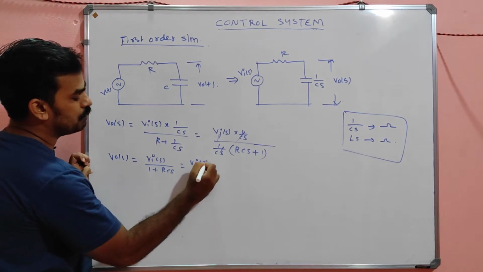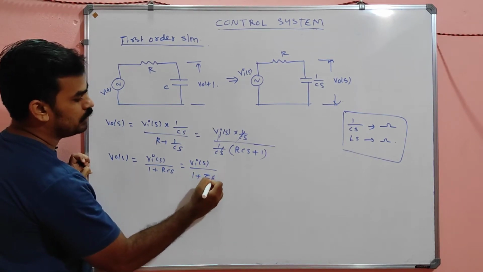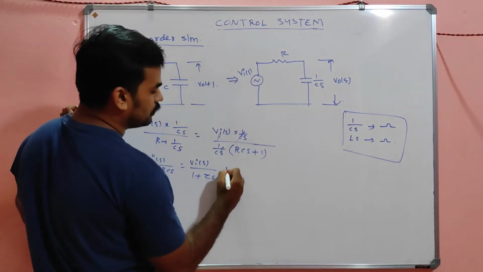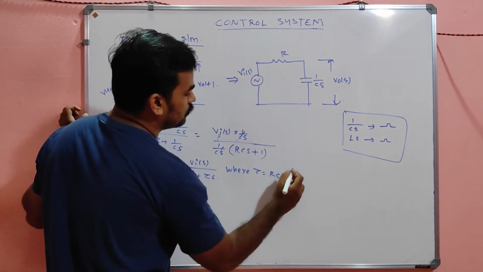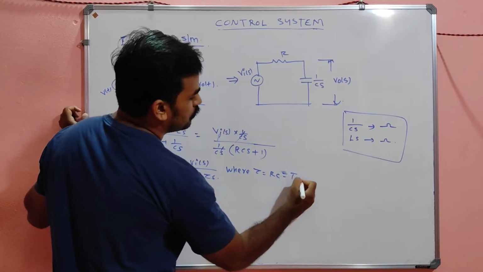Simply VA of S divided by 1 plus tau S, where tau is equal to RC.